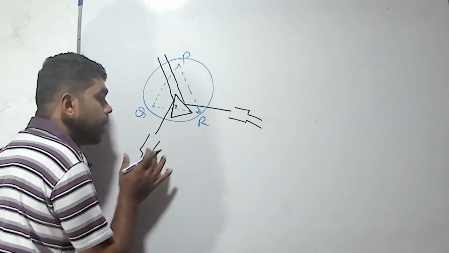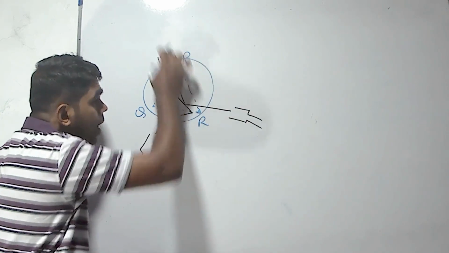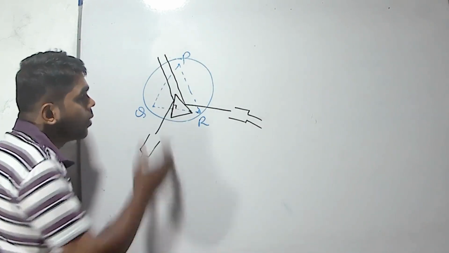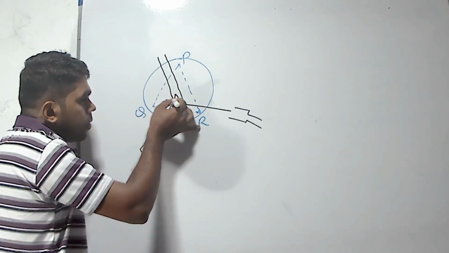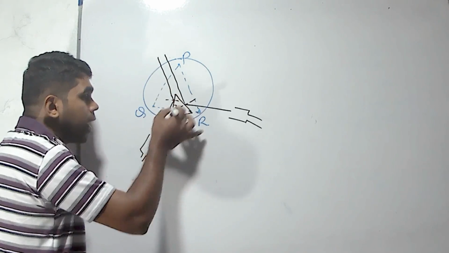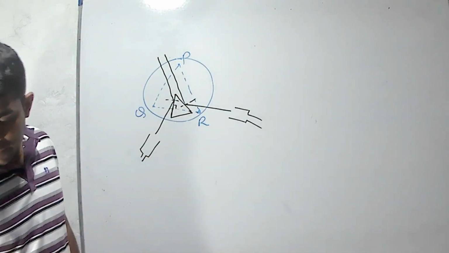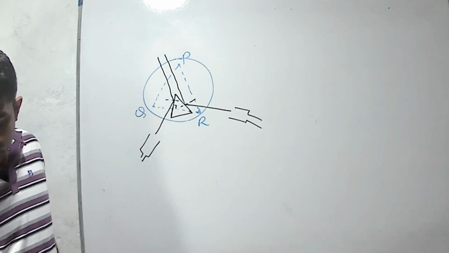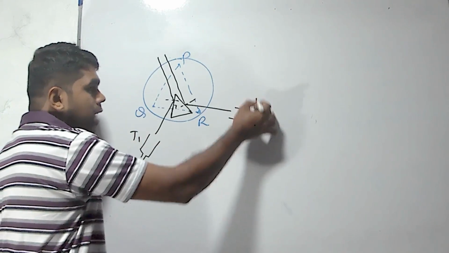We can see at this place and this place the image of the slit by using partially reflected rays. These rays are not fully reflected, partially reflected. They have given this position as T1 and this position as T2.